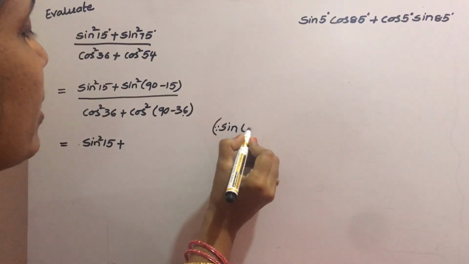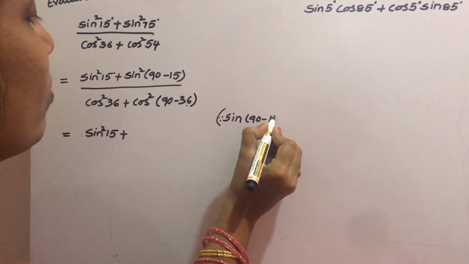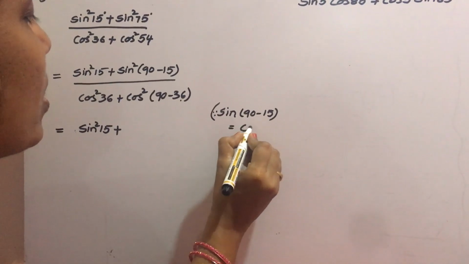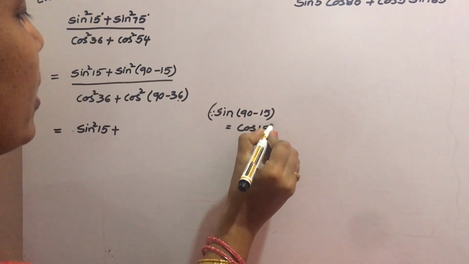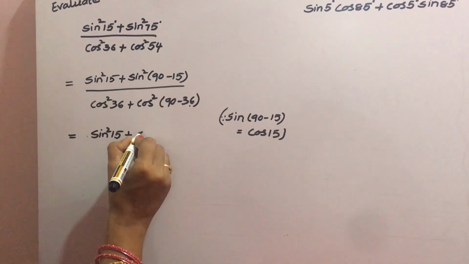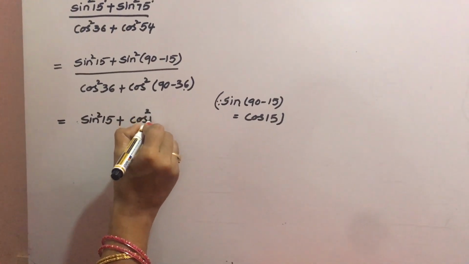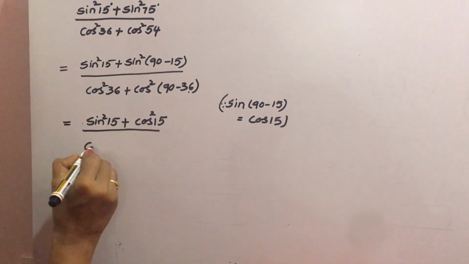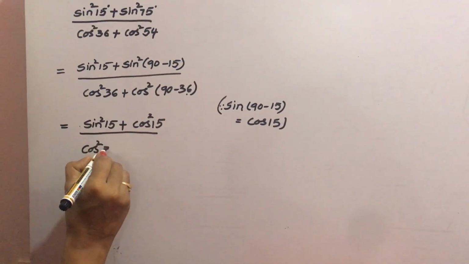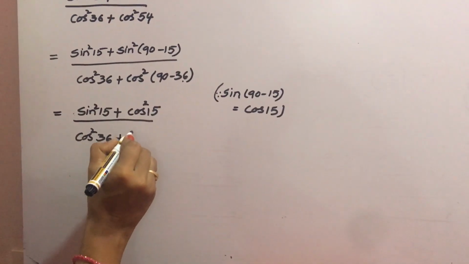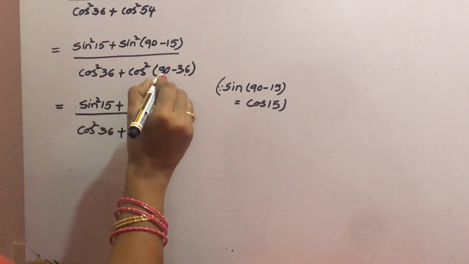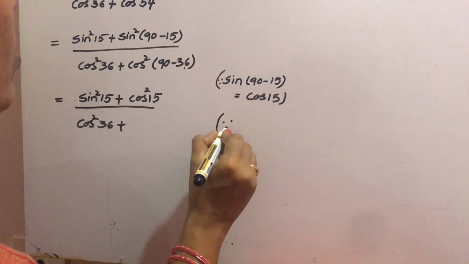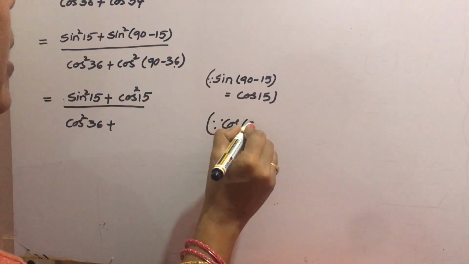What is sin (90 minus 15)? We know, which is equal to cos 15. Here we have square, that's why we have to write cos square 15. Here we used complementary angles. In the denominator we have cos square 36 plus, here cos (90 minus 36) is equal to, what is the complementary angle?